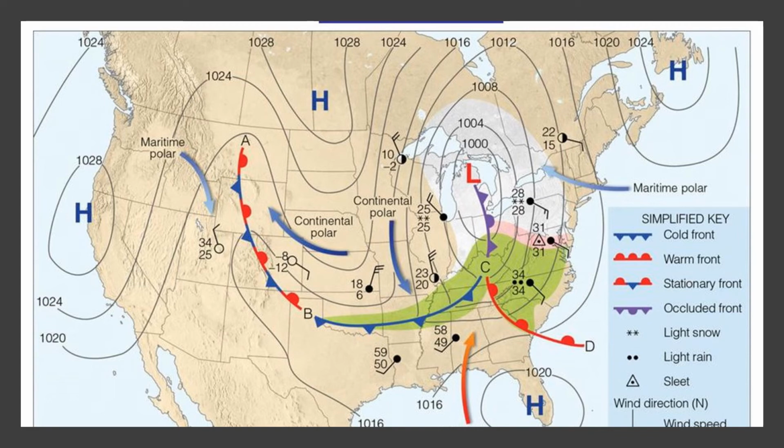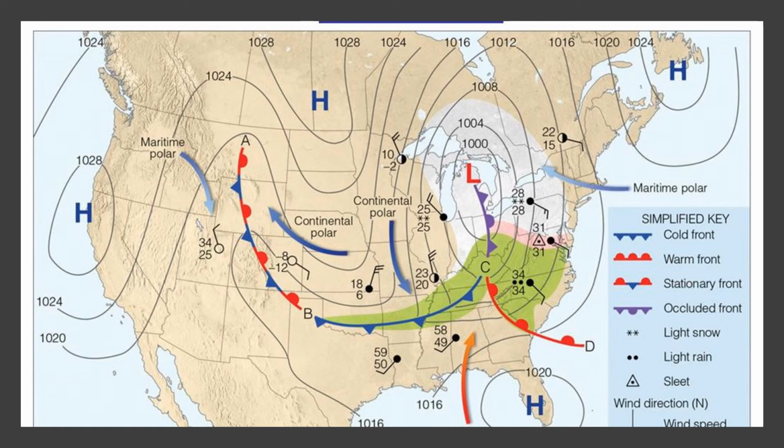If you are looking at this map, it shows a surface weather map illustrating four different fronts. If you look very closely, you will notice that the fronts are associated with lower pressure and that the fronts separate differing air masses.